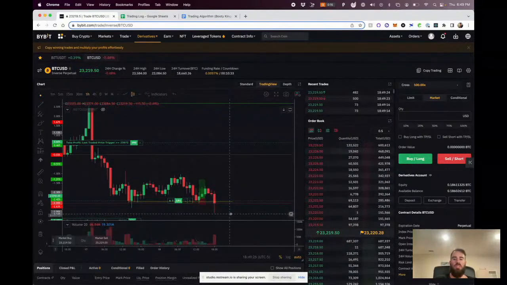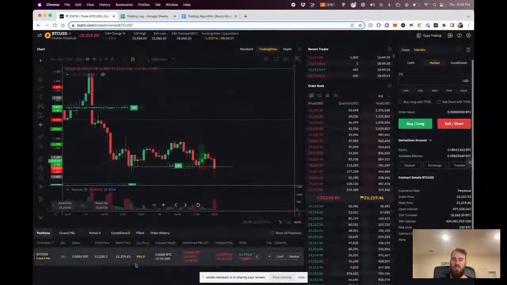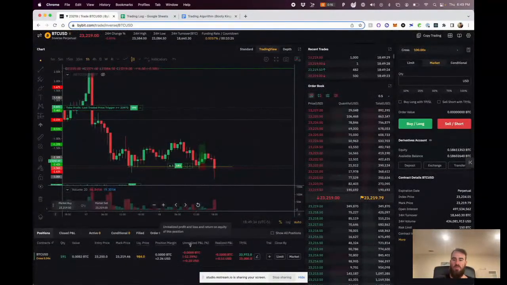And since our stop is set to this point, our risk ratio is 3-to-1, then our take profit is up here. So if the entry point is at 23250, stop loss is at 23,000. Sorry, I thought I had the wrong thing there.